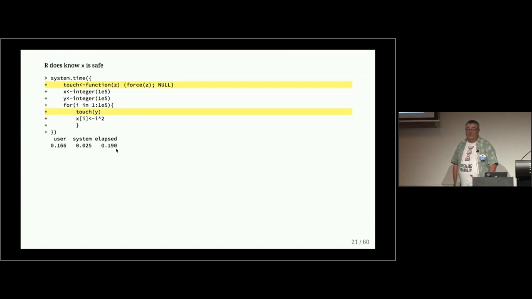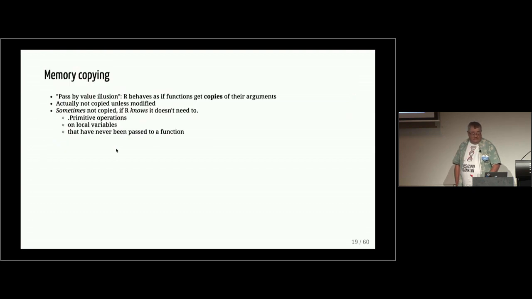So there's a really dramatic speed difference here. This is something that it's relatively unusual you can take advantage of, but sometimes you can, and it's a huge difference. The special case here is if you're only doing primitive operations like subsetting a vector on local variables that have never been passed to a function, because once a variable's been potentially contaminated, it can never be restored again.